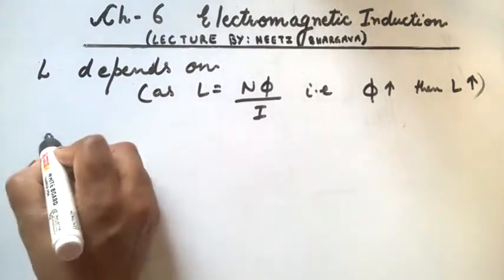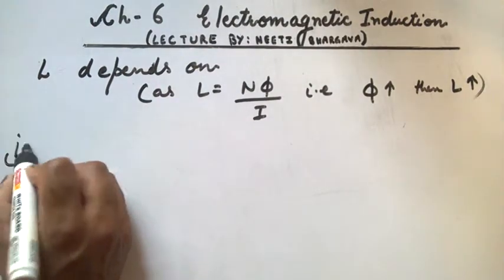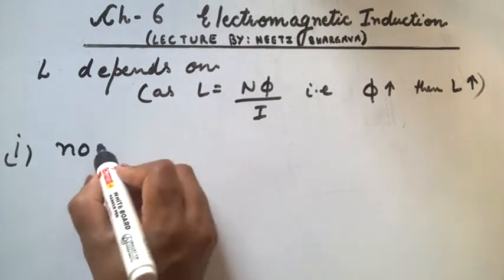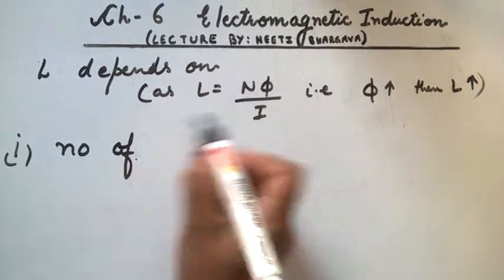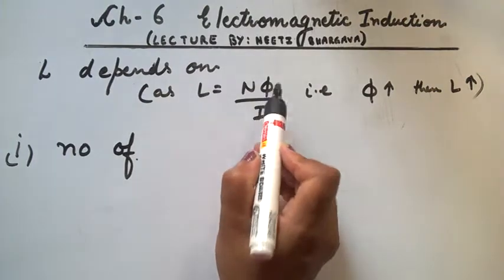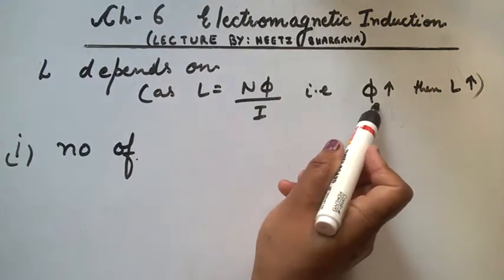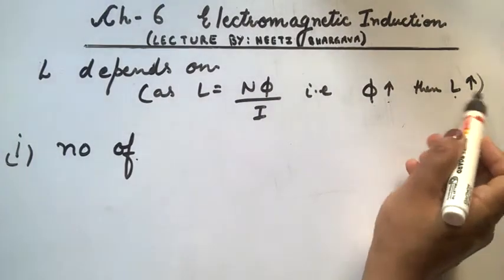Therefore, L depends on number of turns of a coil. If turns are more, then the magnetic flux linkage will be more, and because flux linkage is more, self inductance will also be more.